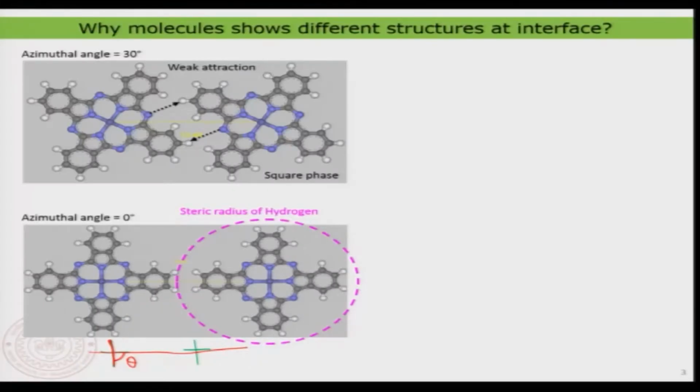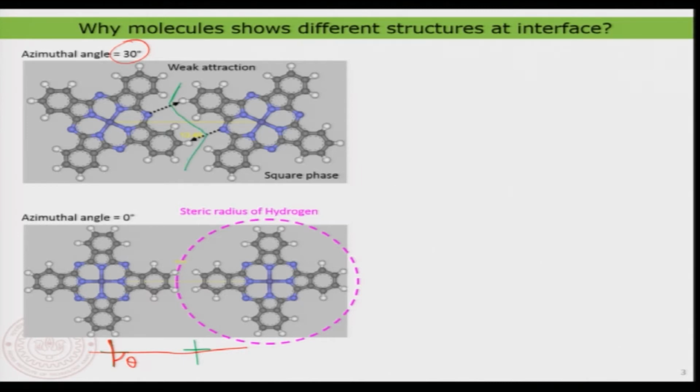So, now I am rotating the molecules with respect to each other, and coming to another orientation which has an azimuthal angle of 30 degrees. The 30 degree orientation is interesting, because as I have told you, the intermolecular interaction is more effective here, as the area that the two molecules cover is the maximum.